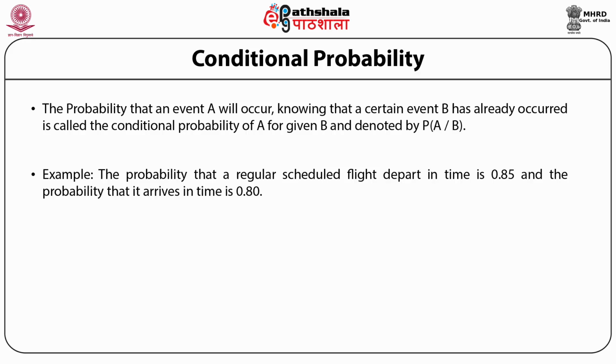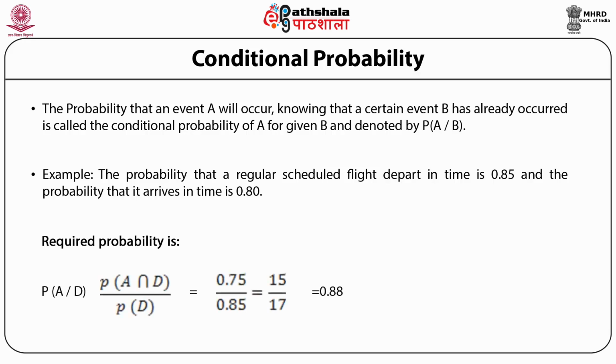For the solution, we will take the event of departure, then the event of arrival, then the event of both. The probability that it departs on time is probability of D, that is 0.85. The probability that it arrives on time is 0.80. The probability that it arrives and departs on time is 0.75.